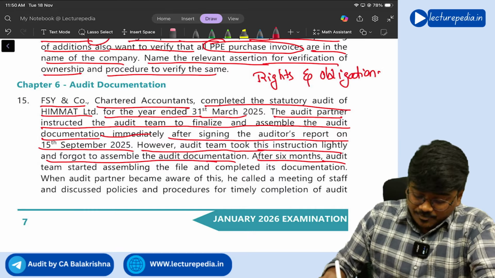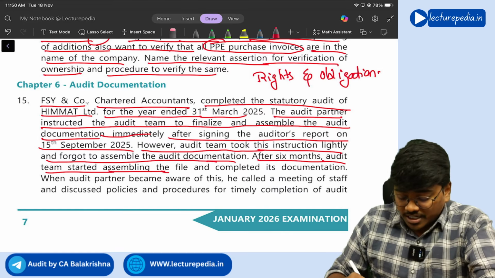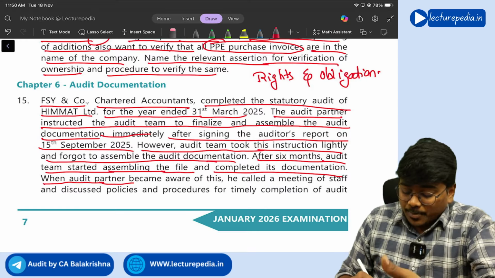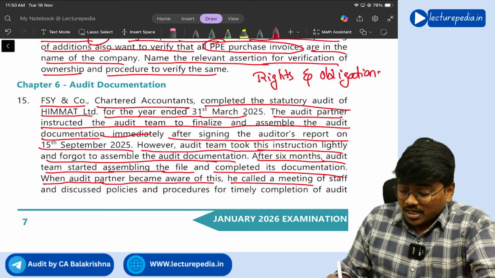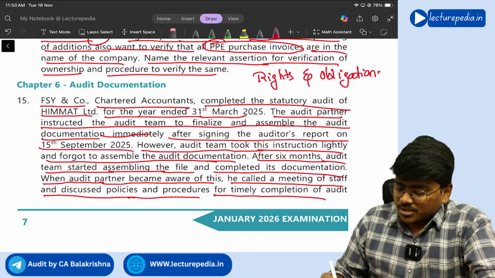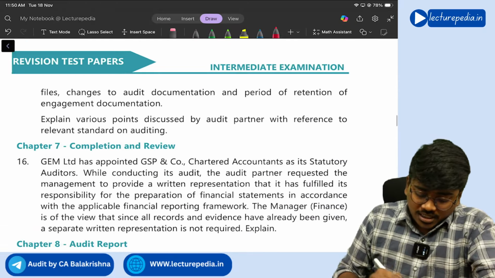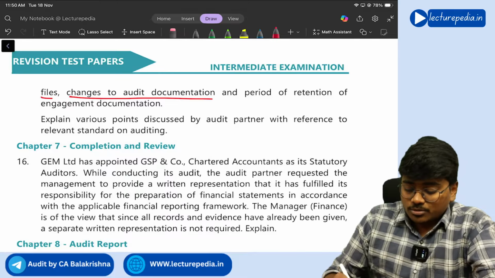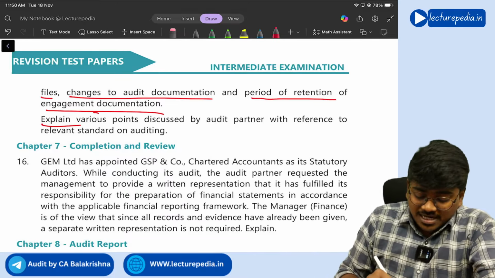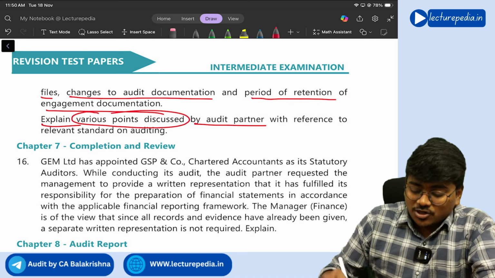After 6 months, audit team started assembling the audit file and completed its documentation. When audit partner became aware of this, he called a meeting of staff and discussed policies and procedures for timely completion of audit files, changes to audit documentation, period of retention of the engagement documentation. Explain various points discussed by the audit partner.